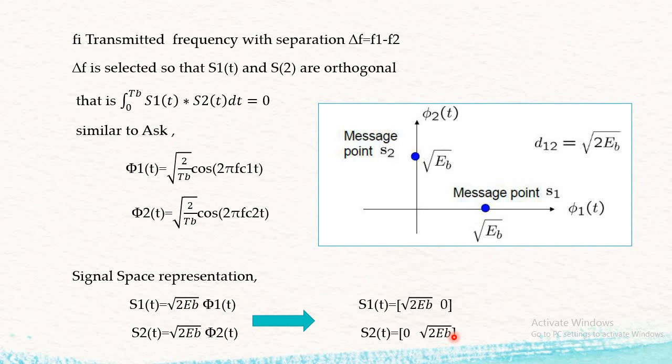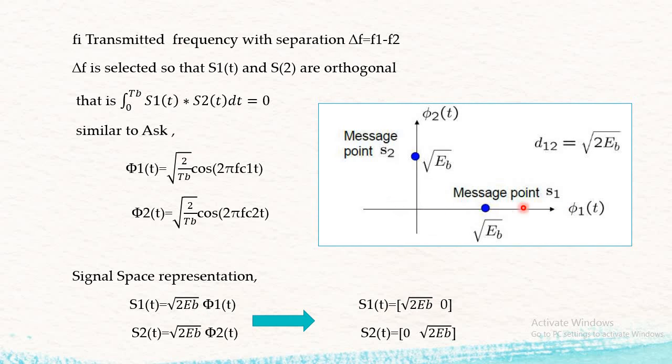Now how are we going to draw this? As my phi1 and phi2 are two different phasor angles, and fc1 and fc2 are two values, how are we going to draw this? First, the x-axis is indicated by phi1(t), and the y-axis is represented by phi2(t). Now for phi1(t), what is my value? The value is root of Eb.